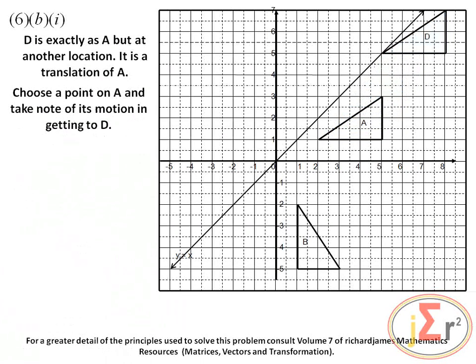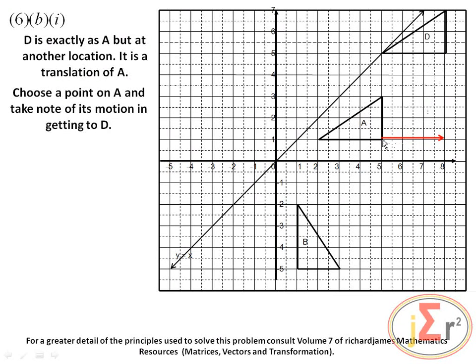So choose a point on A and take note of its motion in getting to D. Of course, we are going to choose this point here and see how it gets to there, which is the image of this point. So this vertex that we have here, the right angled vertex, is the one that we are looking at.